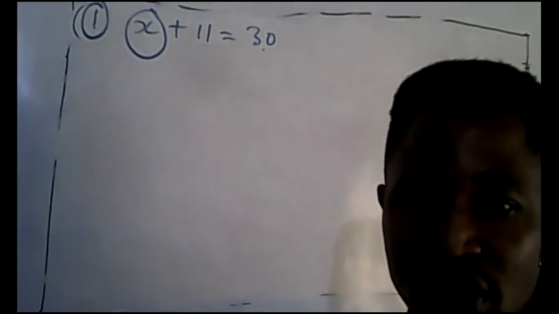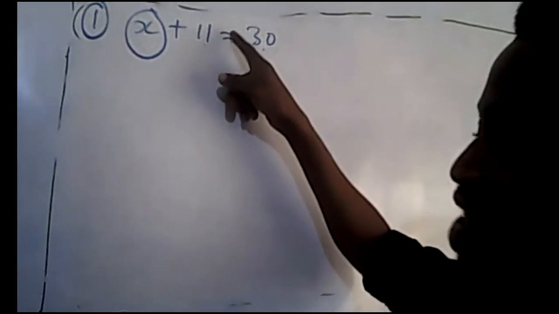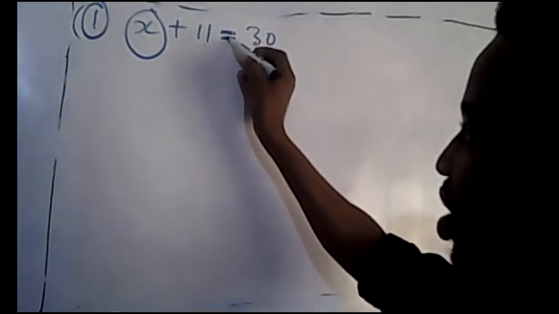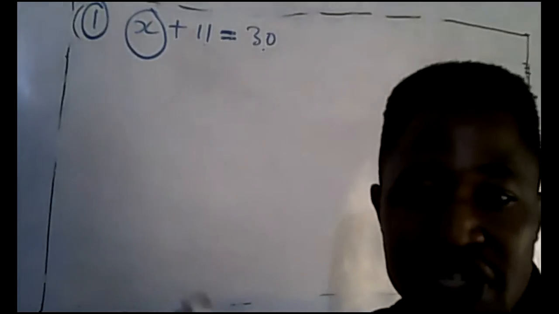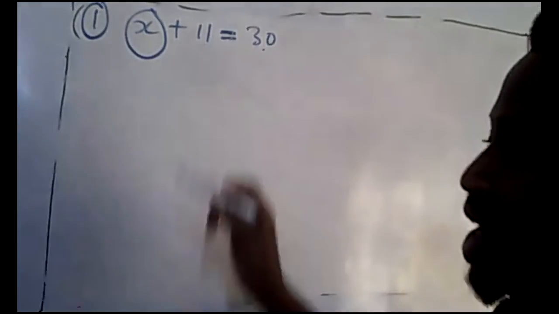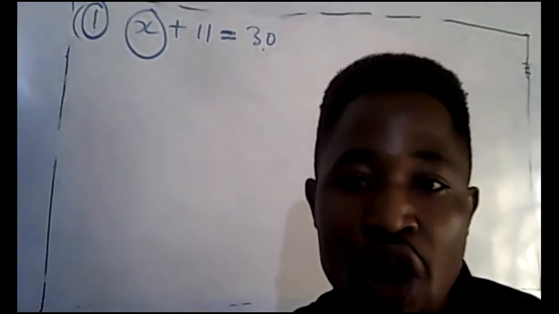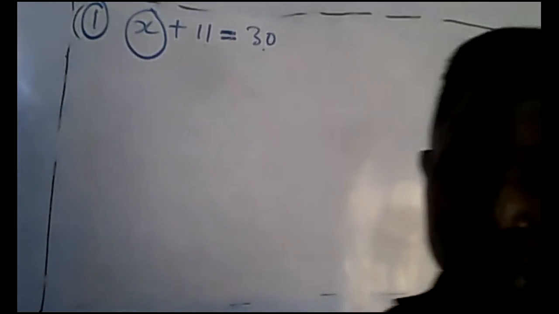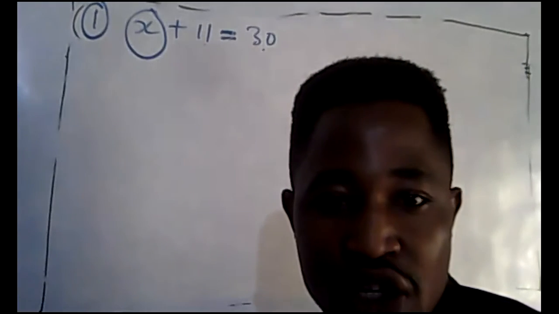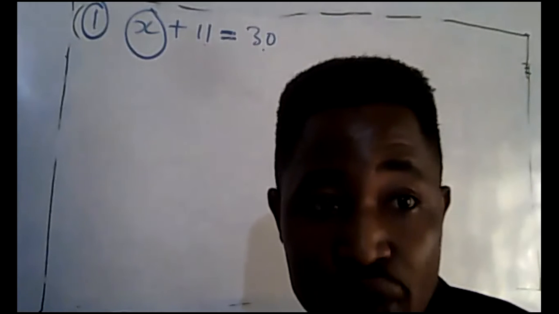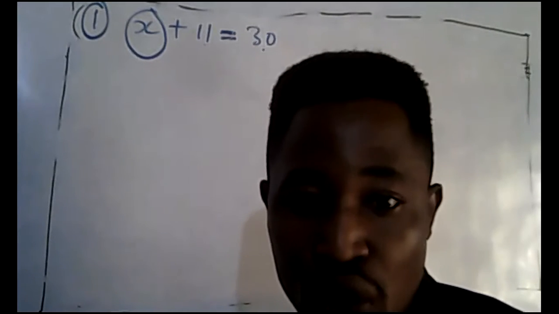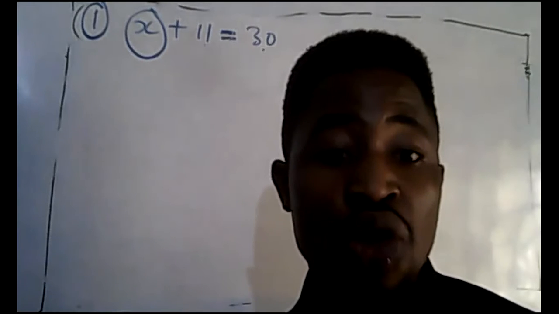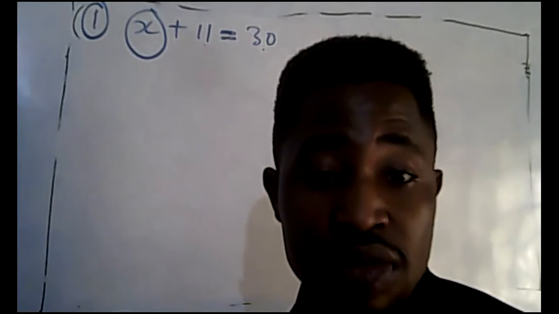When that happens, this number needs to cross a bridge. The bridge is called equal to. Any number that crosses this equal to sign, the sign in front of that number changes. For example, if you are going to pay a visit to your cousin's house or your nephew's house or your sibling, your aunt or your uncle, won't you go with your luggage?